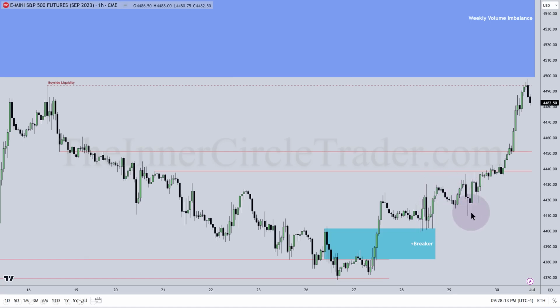Once a stop run occurs, the market should expand higher. It does, rips through that premium fair value gap that we would expect to see it trade to. And look at that. Look at the bodies respecting the high end of that inversion fair value gap. It does not need to trade down into it. It can.